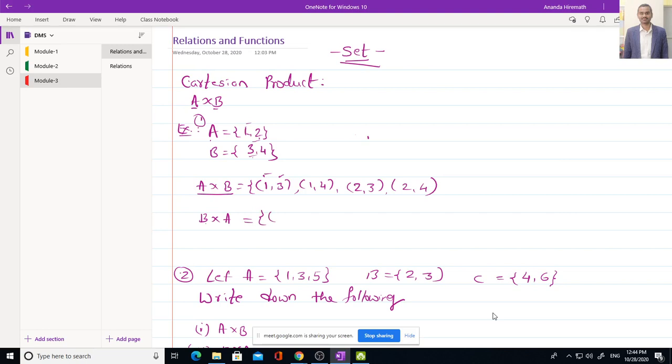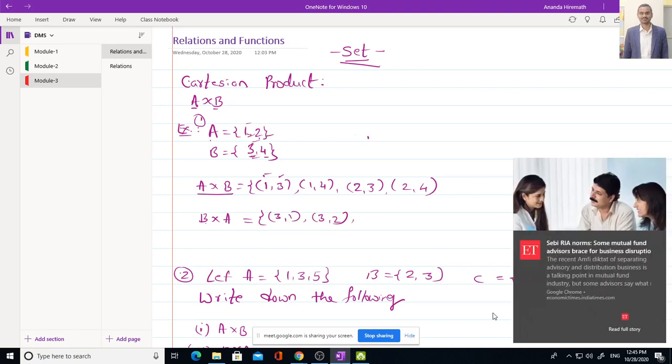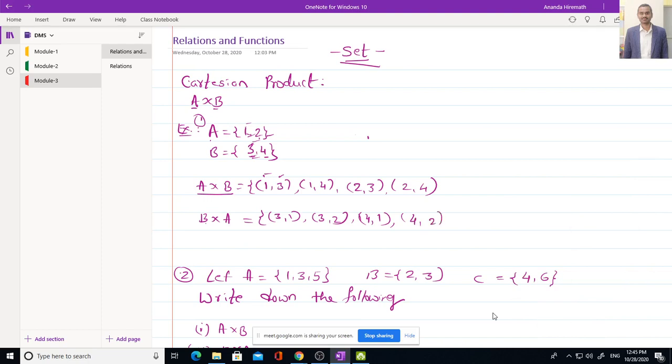I should choose the first element from B, not from A. Now it will be (3, 1), (3, 2), then the next element from B, (4, 1), then (4, 2). So this is A cross B and this is B cross A. And if you observe, A cross B is not equal to B cross A. It is not the same as B cross A.